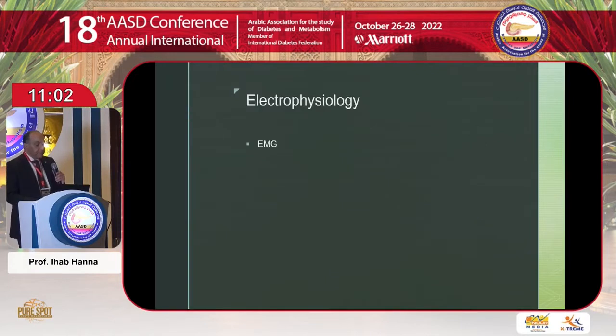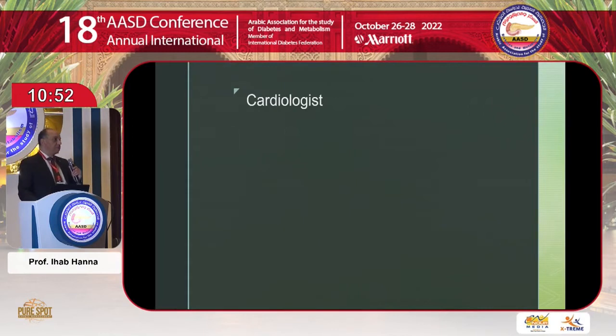Electrophysiology team, this is very important: EMG to detect peripheral neuropathy, its distribution and severity, and response to treatment, as well as modern methods of treatment such as the Aptiva machine that we do have. Cardiologists are crucially mandatory team members because they decide on myocardial infarction, which could be silent in diabetics.